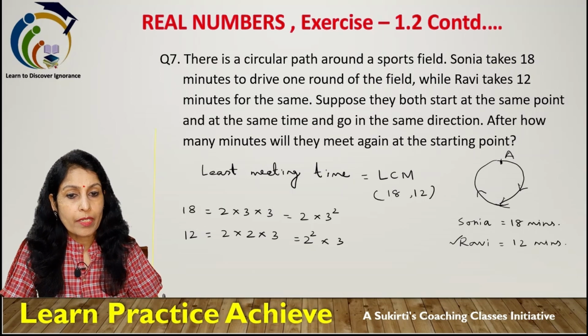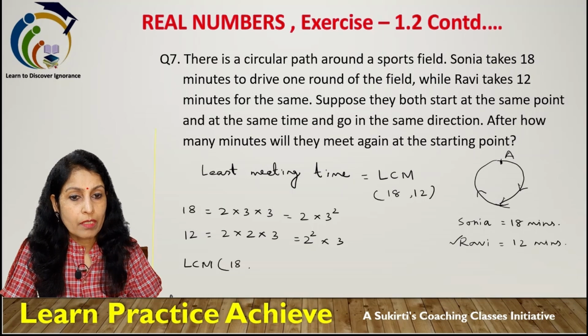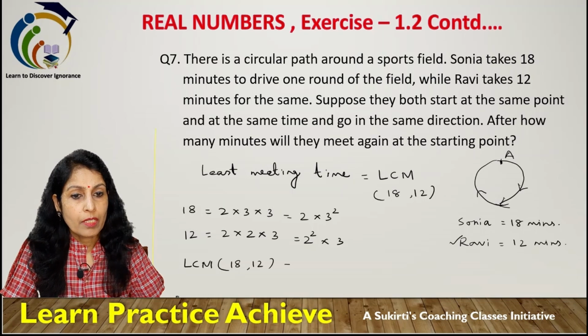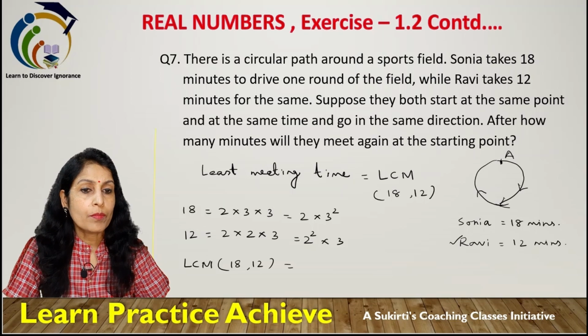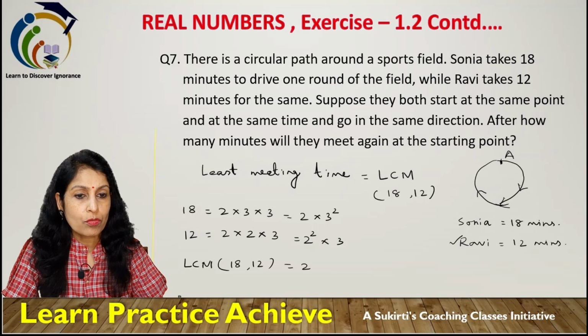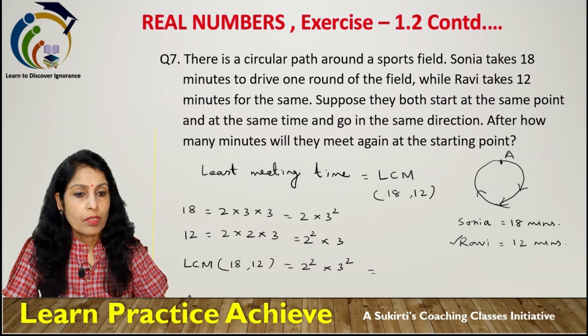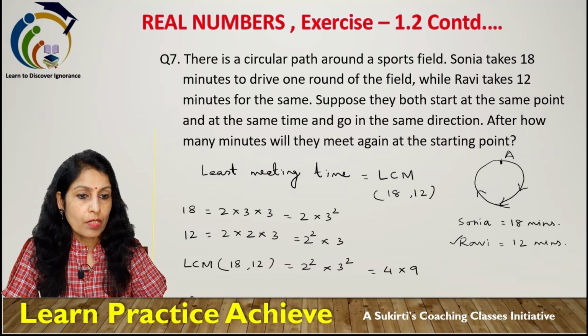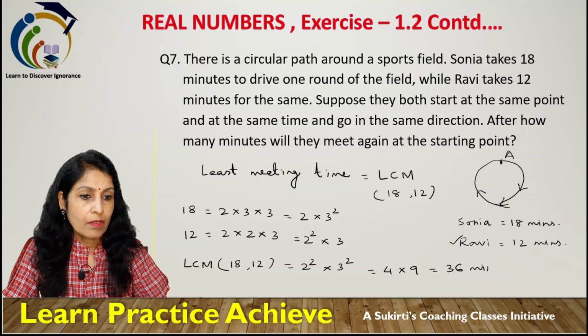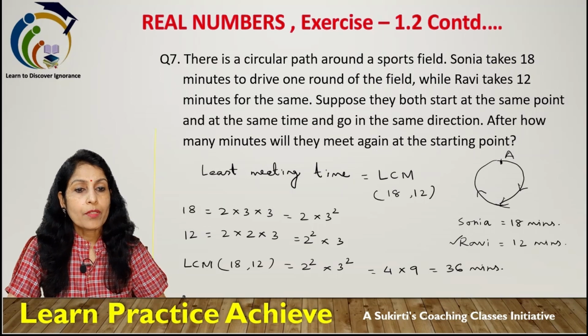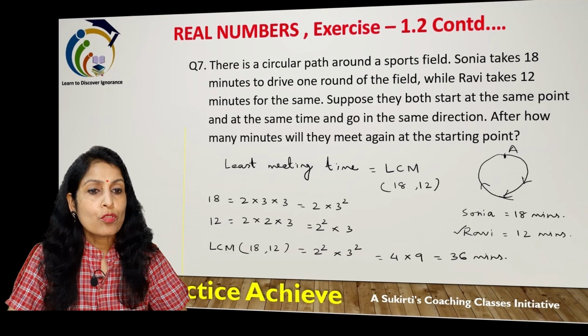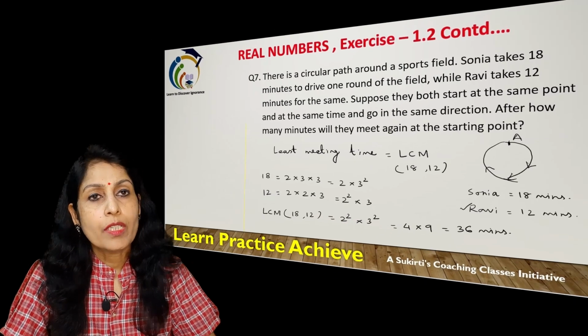Now LCM of 18 and 12 is equal to the highest power of the prime factors, so that is equal to 2 to the power 2 into 3 to the power 2, 4 into 9, that is equal to 36 minutes. So after 36 minutes both Sonia and Ravi will meet at one point.